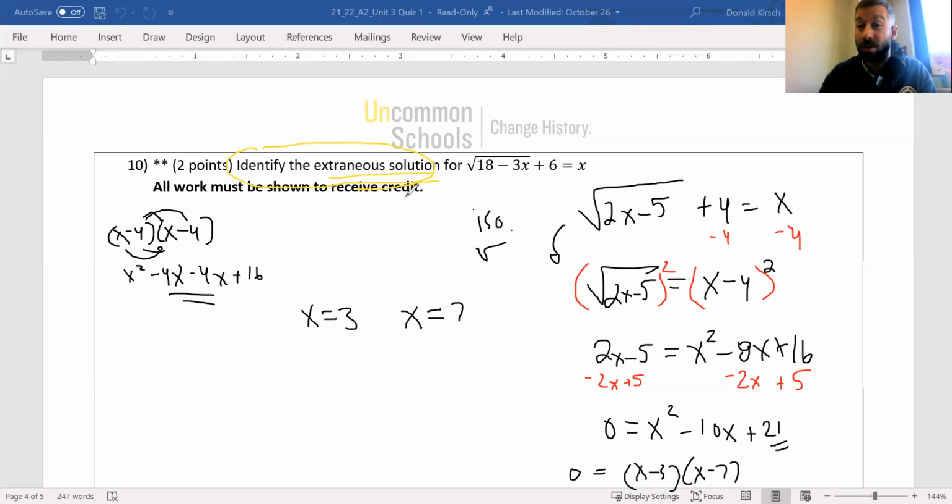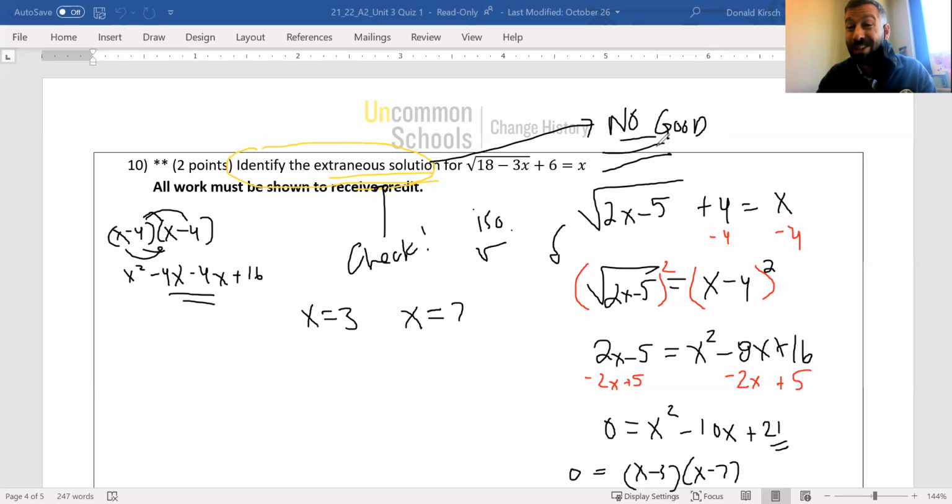The extraneous solution is a solution that's not really a solution. So the only way to identify the extraneous solution is to check which one doesn't work. Extraneous is no good. That's like a solution in disguise. So I want to find which one of those is actually not good. I've got to plug this 3 in for the x and check, and then do the same thing for the 7.